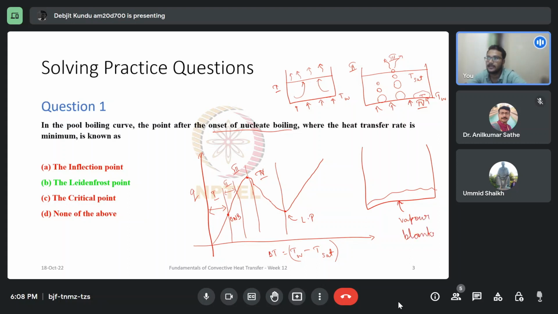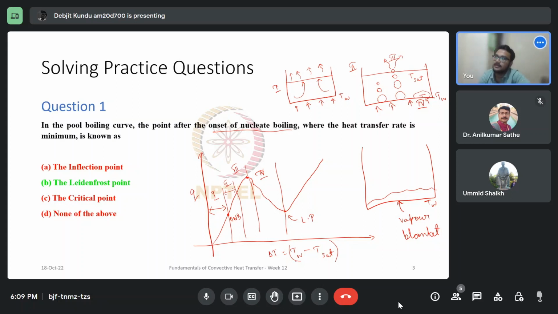The entire liquid in contact with the hot surface gets vaporized, and it forms a sort of division between the remaining liquid and the bottom or heating surface. As a result, the heat transfer rate decreases because this provides a resistance. This minimum point is called the Leidenfrost point.